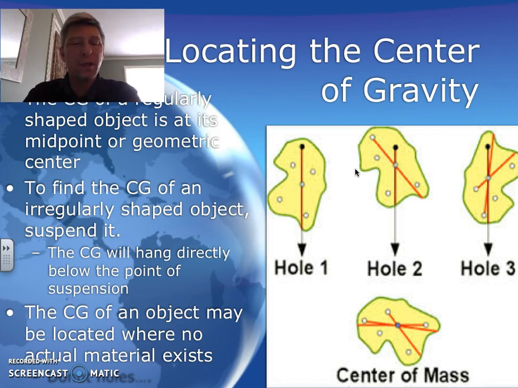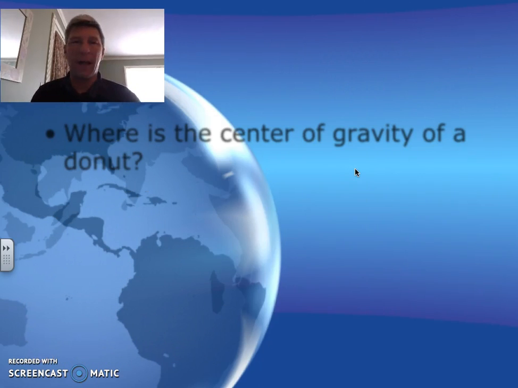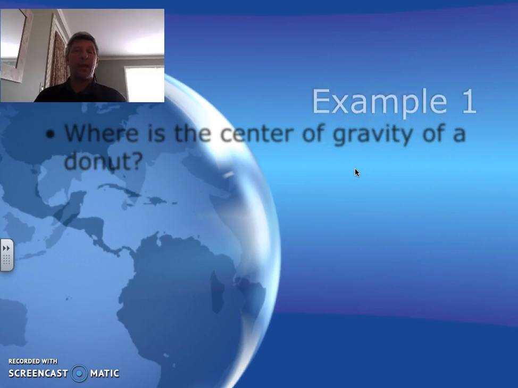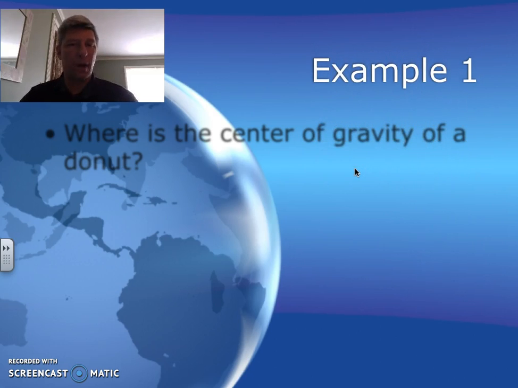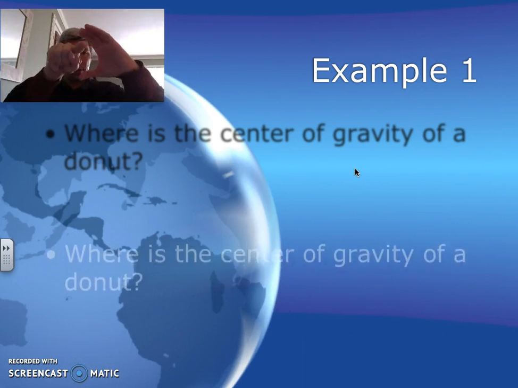Now, interestingly enough, the center of gravity of an object can be located where no actual material exists. There's a great example of that in what we call donut holes. So that brings us to example number 1 from the textbook, which asks, where is the center of gravity of a donut? The donuts that we're talking about here are ones that are round with a hole in the middle.